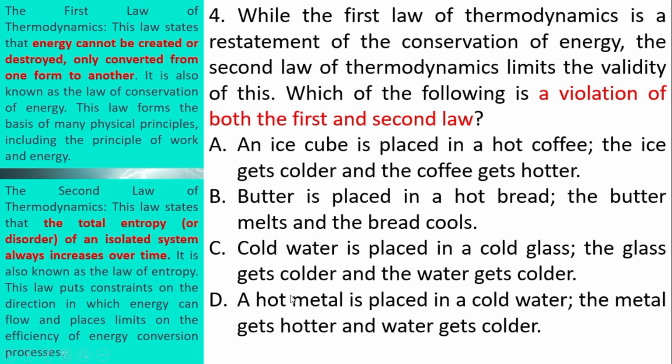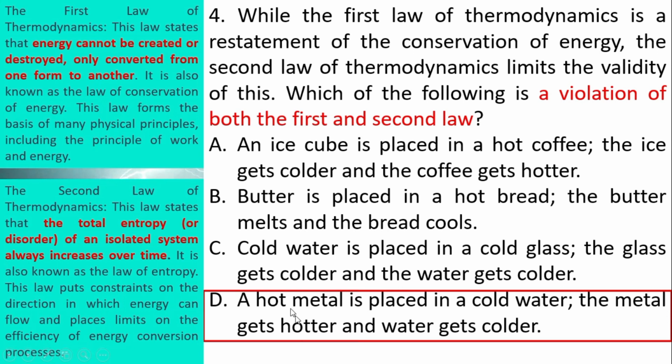Okay, because a hot metal is placed in a cold water. The metal gets hotter and the water gets colder. So again, a metal is placed in a cold water. By the second law of thermodynamics, the heat energy from the metal should be transferred to the cold water.